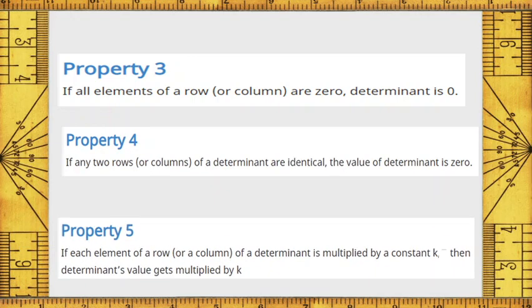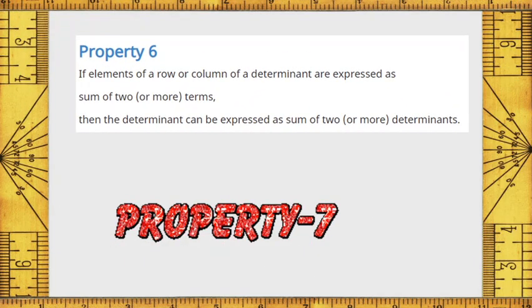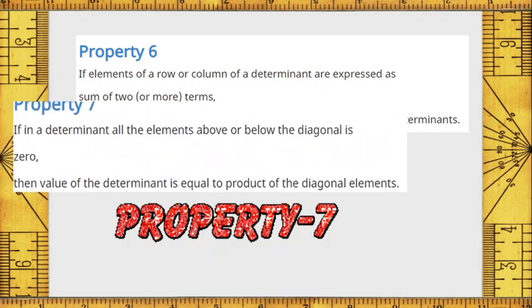Fifth property says if each element of a row or a column of a determinant is multiplied by a constant k, any scalar quantity, then the determinant's value also gets multiplied by that same number. Sixth property is if elements of a row or column of a determinant are expressed as a sum of two or more terms, then in this case the determinant can also be expressed as a sum of two or more determinants.